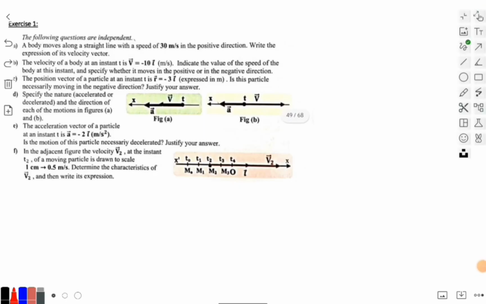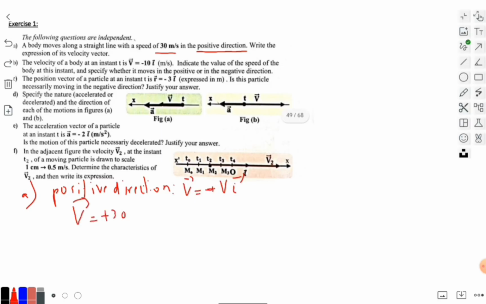Exercise 1. The following questions are independent. A body moves along a straight line with a speed of 30 meters per second in the positive direction. Write the expression of its velocity vector. Positive direction means the v vector equals plus v i. So the v vector equals plus 30 i vector, in meters per second.